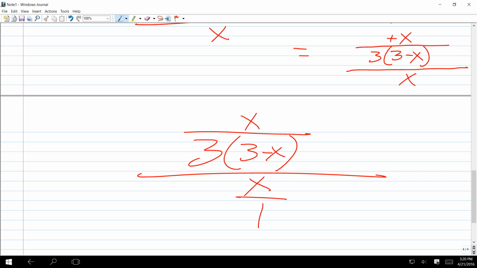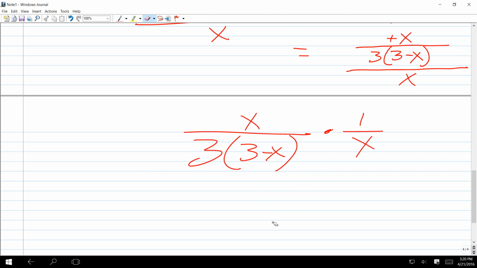So I'm going to multiply by 1 over x. Now those cancel, and we get 1 over 3 times 3 minus x. And there's no need to ever distribute that.